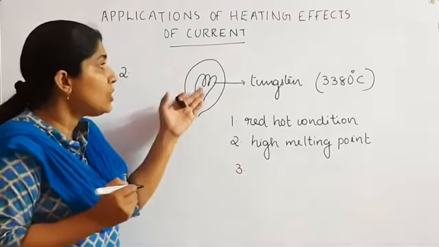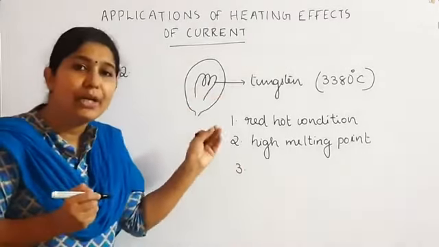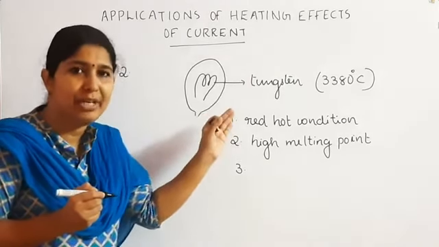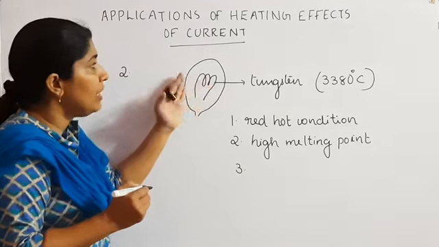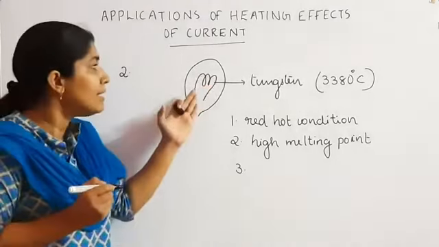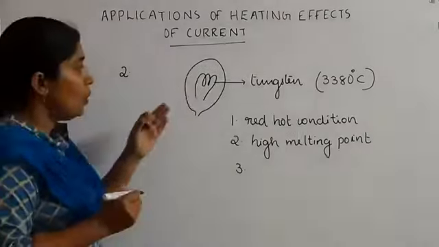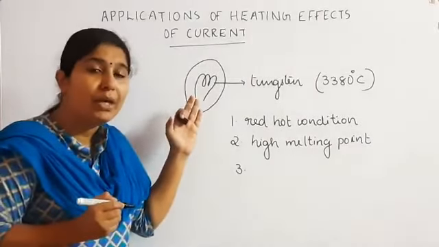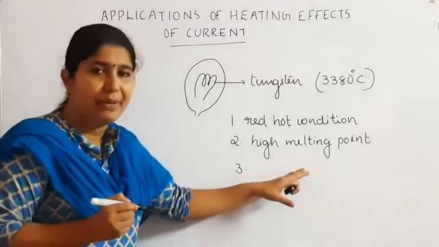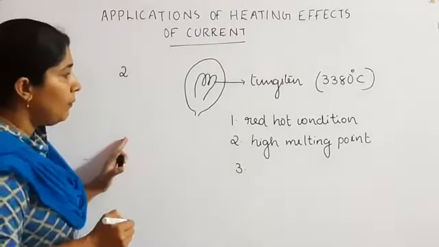The tungsten does not undergo any corrosion or destruction by reaction with the nitrogen or inert gas filled in the bulb. So the electric bulb is long lasting. That is the third point.